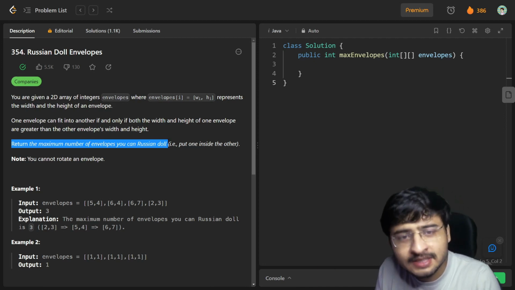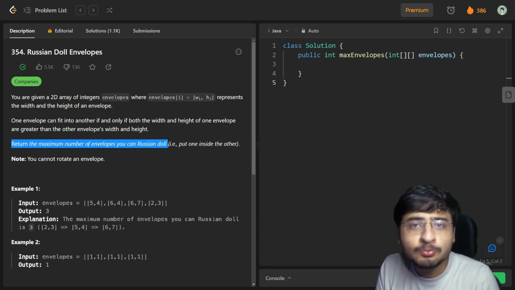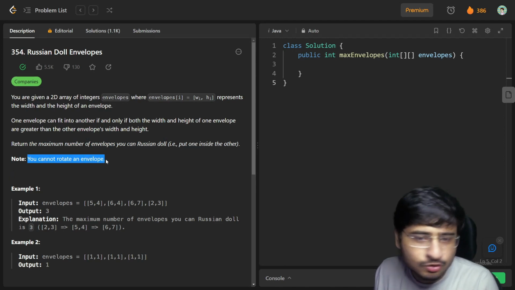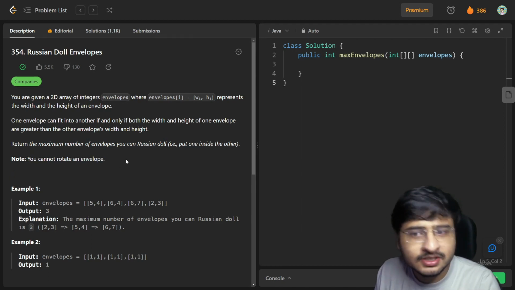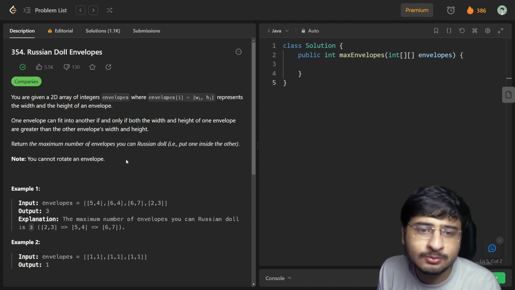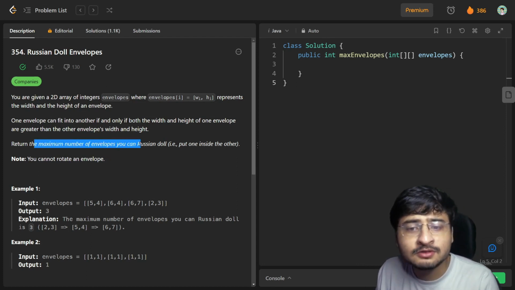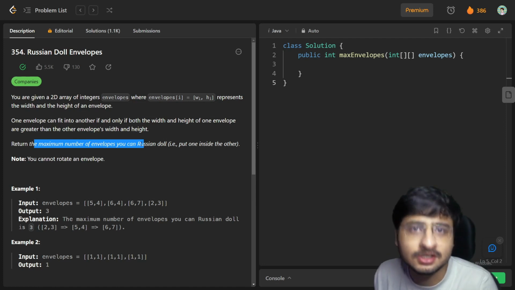This is the same thing we want to do with these envelopes. I want to put envelopes inside one another. You cannot rotate an envelope. The envelopes are given, and width and height are fixed. You cannot rotate the envelope to change the dimensions, and you have to tell me the maximum number of envelopes you can fit inside one another.